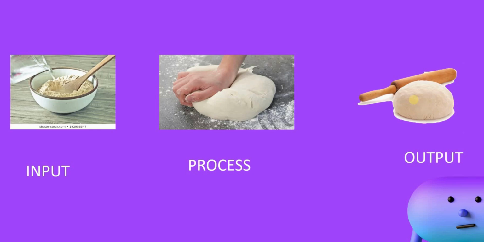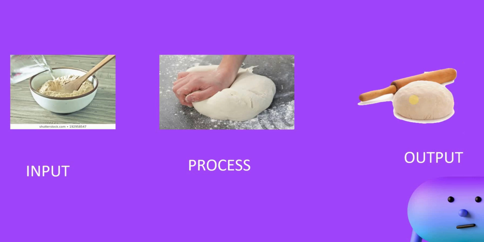Also, every machine follows the IPO cycle to work. A machine gets input, processes the input and gives the result after processing. We can take one more example, that is, we are using washing machine.